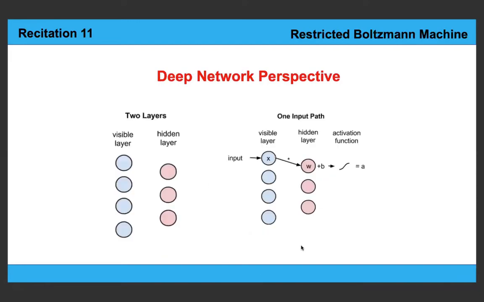And then we would move on to the interpretation of the RBM from the deep network perspective. RBMs themselves are shallow two-layer neural nets, and there is no intralayer communication, and this is the restriction of an RBM.